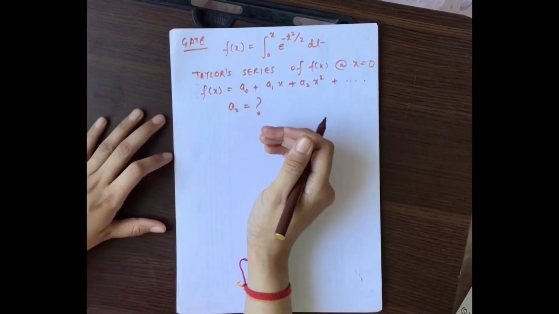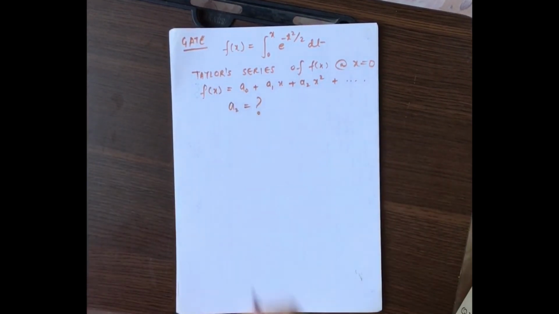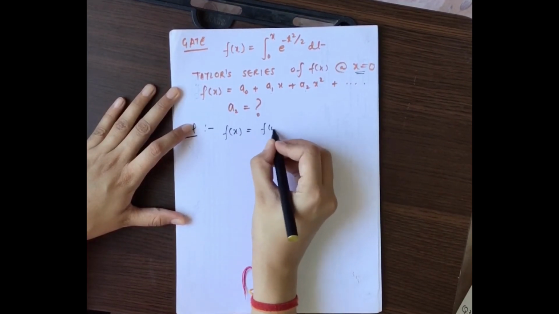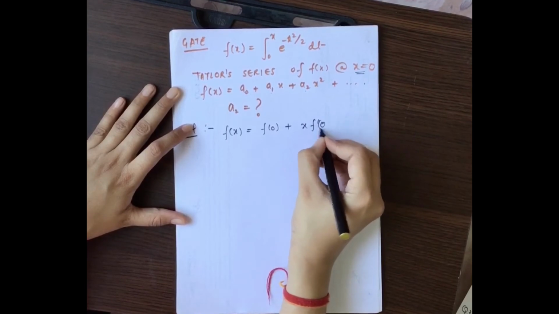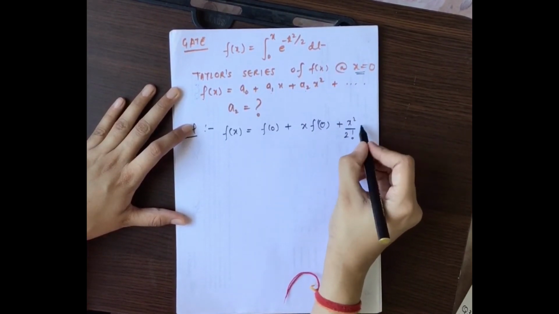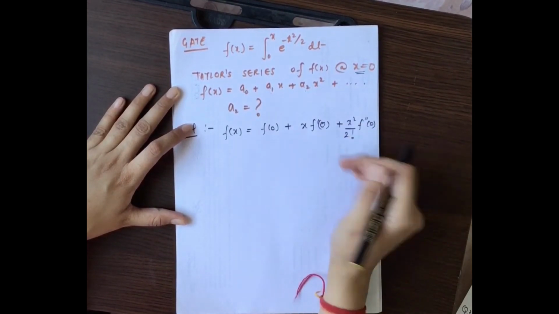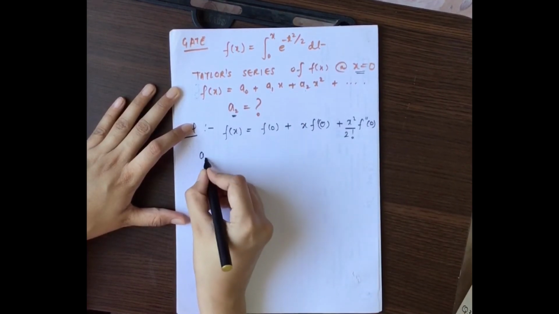Okay, see, Taylor series of f(x) at x equal to 0 means Maclaurin series. So let's write f(x) is equal to f(0) plus x f dash 0 plus x square upon 2 factorial f double dash 0 and so on. Okay, so this is actually the Maclaurin series.